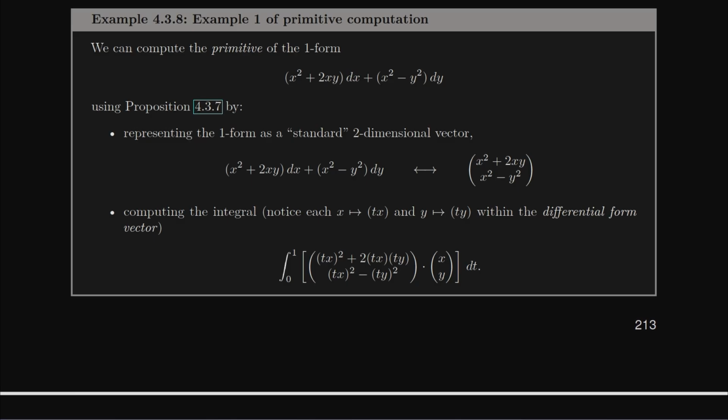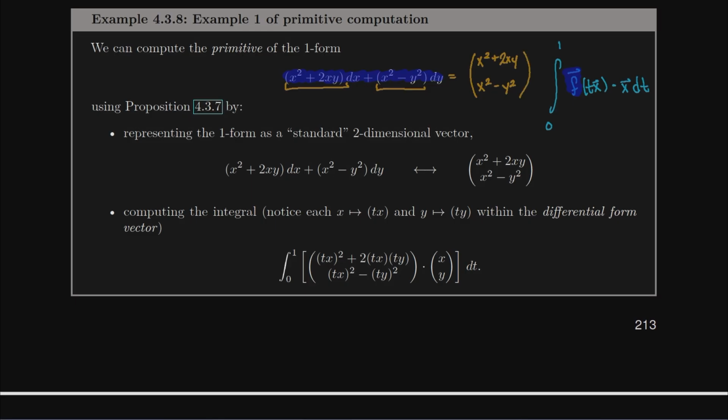All right, so what I have here is a one form, which I would like to compute a primitive of. So here's the one form I'm going to compute the primitive of. Remember to actually use this formula, the integral from 0 to 1 of f of tx dot x dt. To use it, we have to reinterpret our differential form as a vector. So I'm going to reinterpret this form as a vector. The coefficient on x is just going to go in first, x squared plus 2xy, and then the coefficient on y, we have x squared minus y squared.